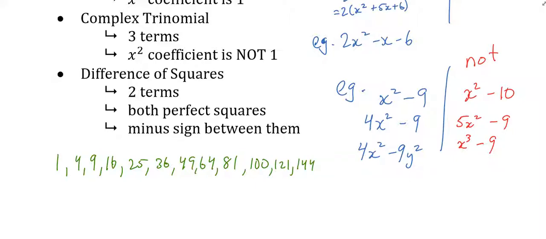A single y by itself is not a perfect square. Does that make sense? Okay. Oh, and we'll call this one just like DS, and we'll call this one CT, and we got the other ones. Little short forms for those just for while we're thinking about this. Any questions about that?